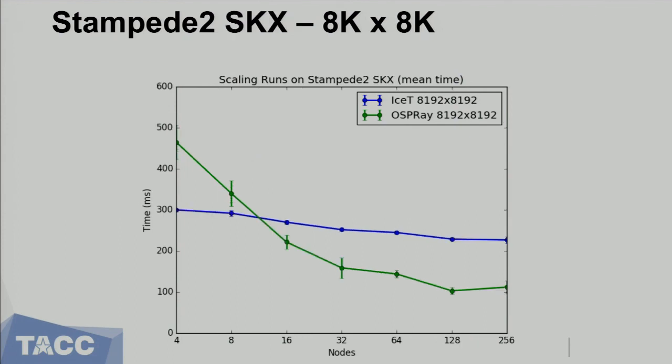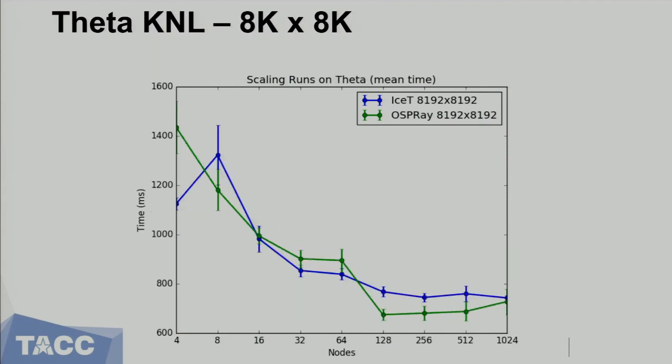And then on Skylake, out to 256 on 8K. And so, again, what we're seeing is that as the work increases by about a factor of 64 here, we're able to really get some nice scaling results. And Theta out to 1,024 and 8K, also similar.